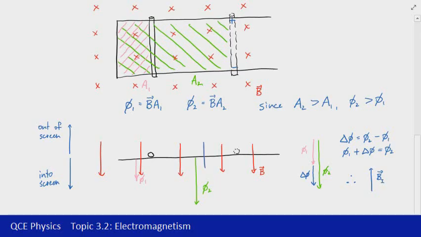So our magnetic field produced by the current here is going to be up, so out of the screen. So that means that we could represent it on the diagram above by using some blue dots to represent that magnetic field. And that magnetic field is produced by the current itself. Note that we're only considering what's happening inside the circuit. We're not worried about what's happening around the outside of the circuit.